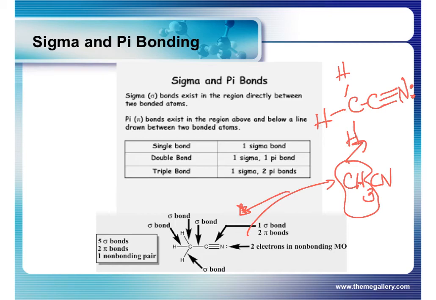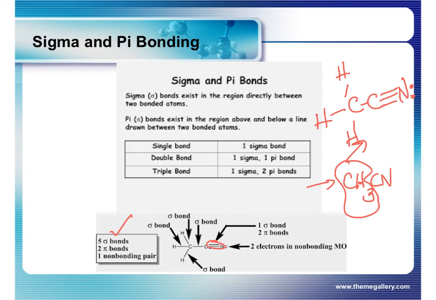So now counting the total number of sigma and pi bonds, every single bond is a sigma bond: 1, 2, 3, 4. And then in a triple bond, one of the 3 bonds is sigma, so that makes 5. So there are 5 sigma bonds, and counting pi bonds, there are 2 pi bonds.